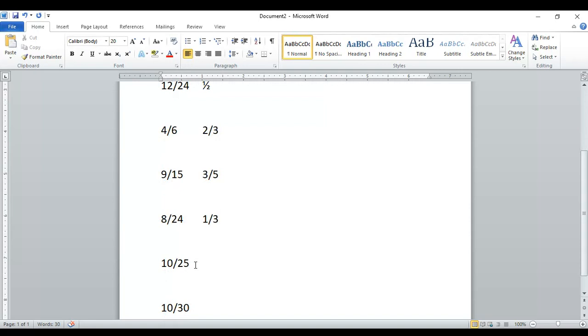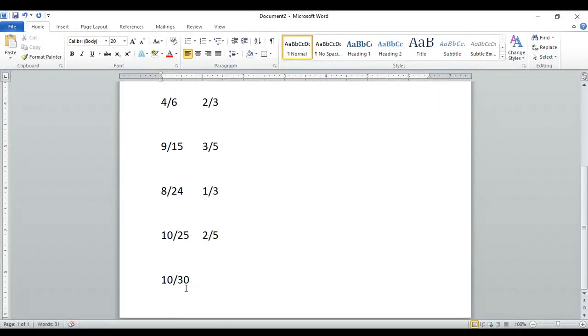We're going to try 10/25ths. So think about what will go into both 10 and 25. I hope you recognize that it's 5. 10 divided by 5 is 2, and 25 divided by 5 is 5.